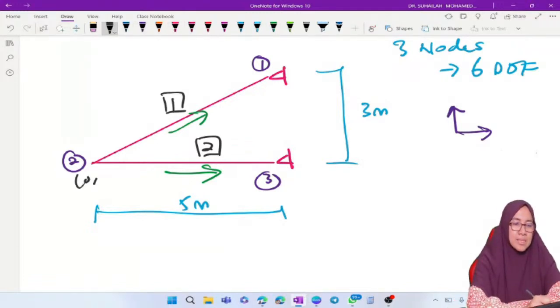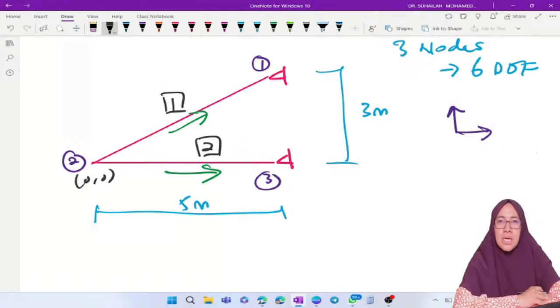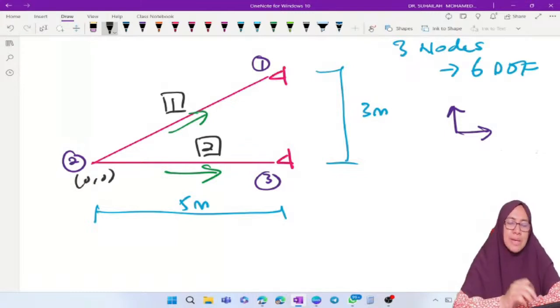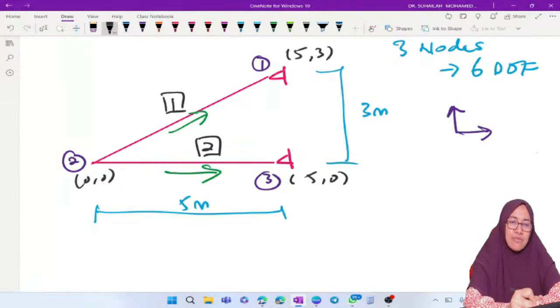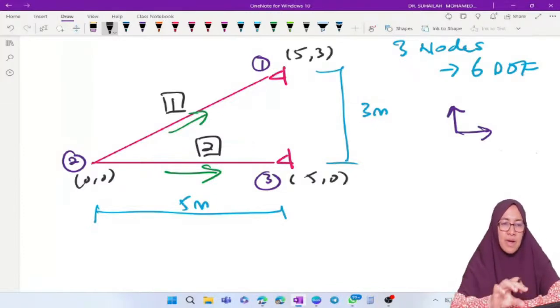Based on the origin, we label the other two coordinates. Node number 3 is 5, 0, and node number 1 is 5, 3.